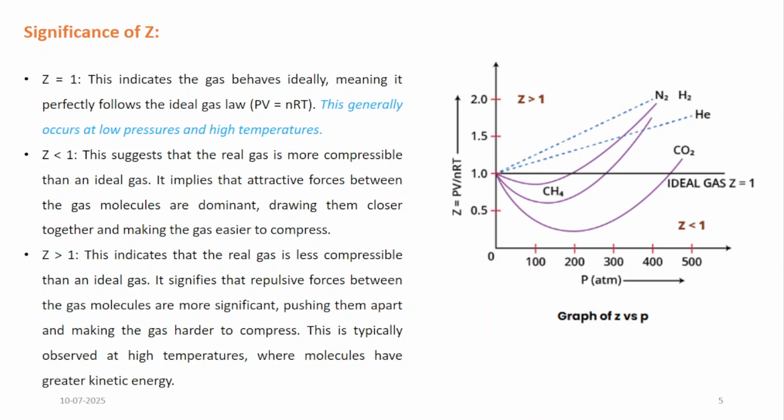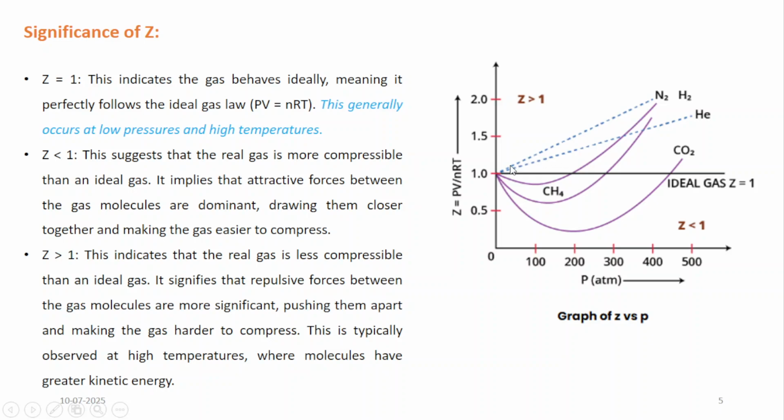It indicates that a gas like carbon dioxide can be liquefied faster compared to these gases, because there will be more force of attraction between the molecules of carbon dioxide. When you increase the pressure, it will start becoming liquid. But it doesn't happen with all these gases.